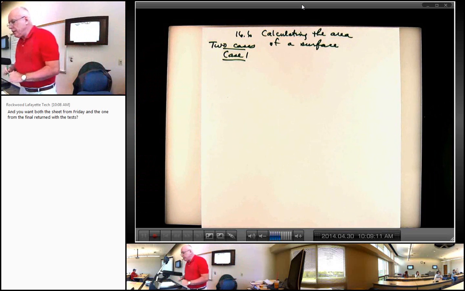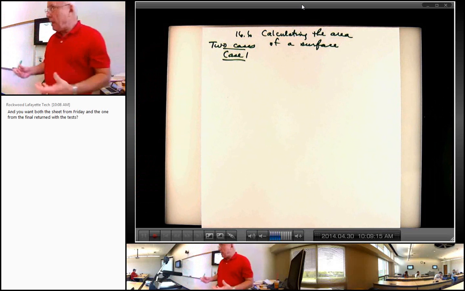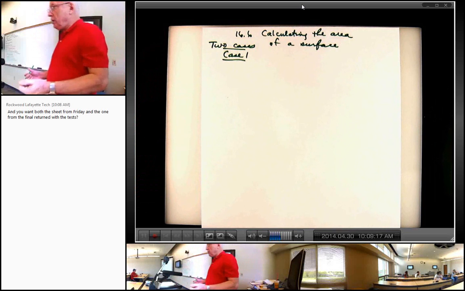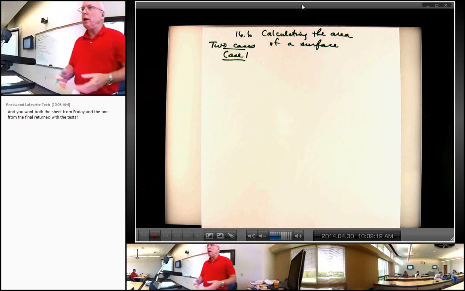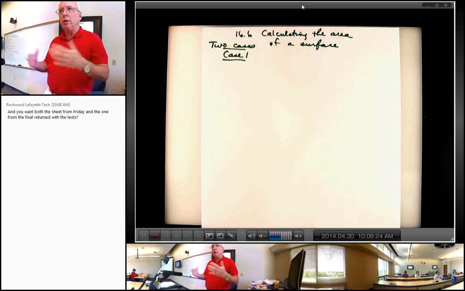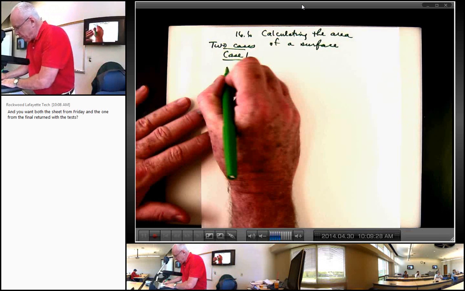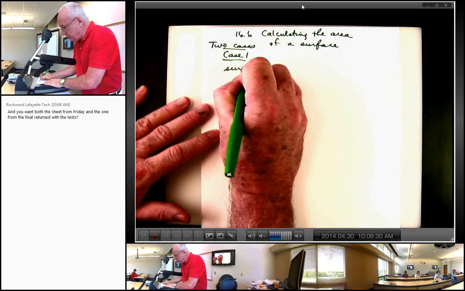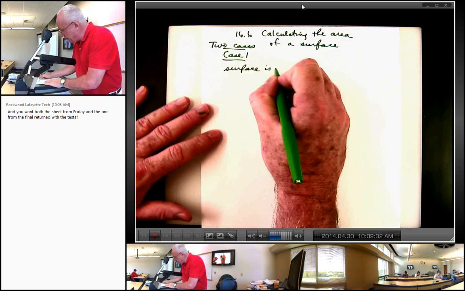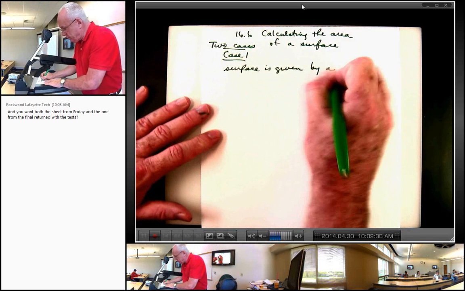Now, the first case is where the surface is given by a parameterization, which is what we've been talking about, and where we have a 3-dimensional vector, i, j, and k, with parameters, and so the surface is described that way. So this is the case where the surface is given by a parameterization.